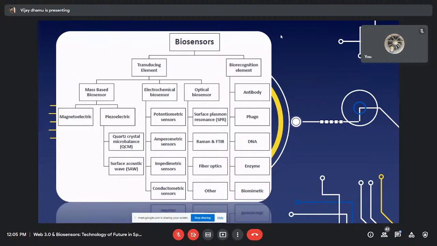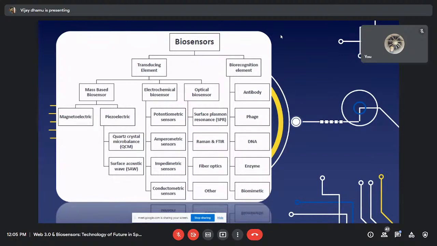An optical-based sensor uses IR rays or ultraviolet rays passed through a body, and based on the altered properties of the reflected light, we analyze the data and interpret the result.